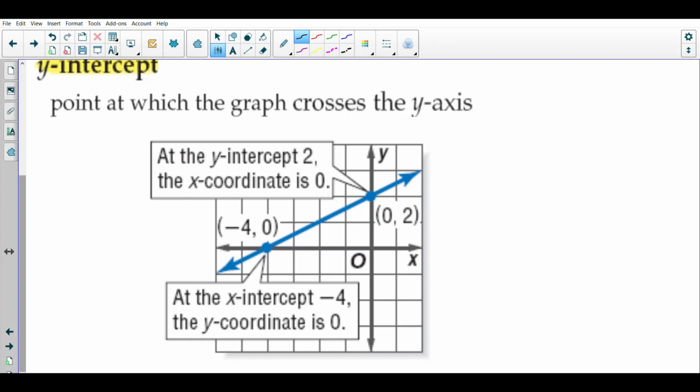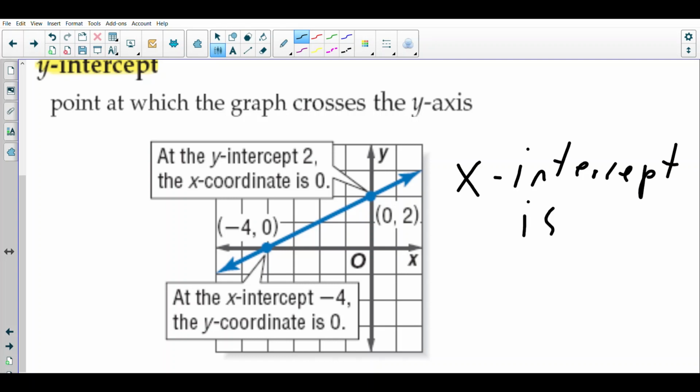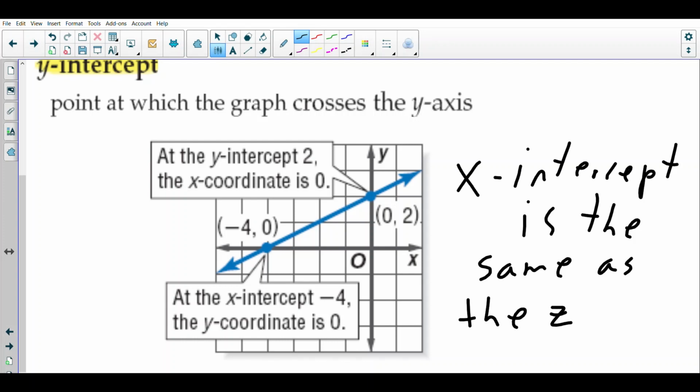So actually the x-intercept is the same as the 0. So x-intercepts and zeros are just synonyms. They mean the exact same thing in context. So it really helps us if we know that and we can limit our work.